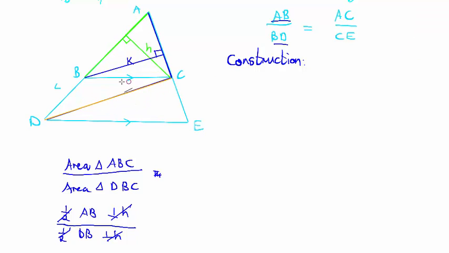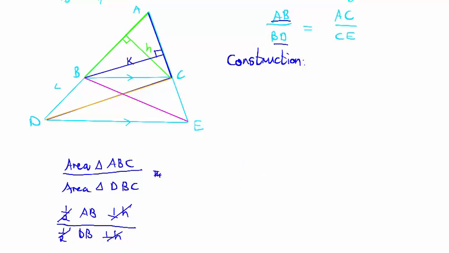Then I'm going to do another construction from here. I've got the apex B, and it's the apex for ABC with perpendicular height K if AC is my base, and B is also the apex for CBE, and K is also the perpendicular height.